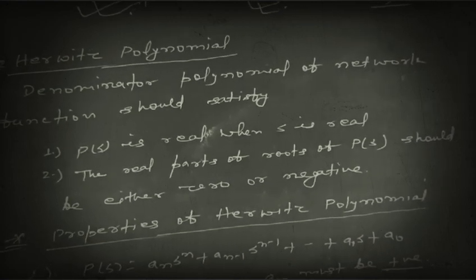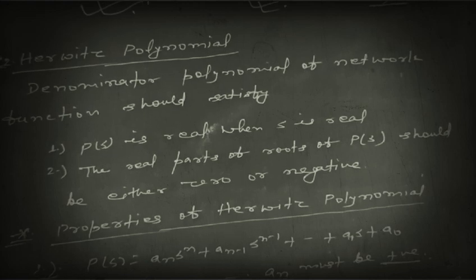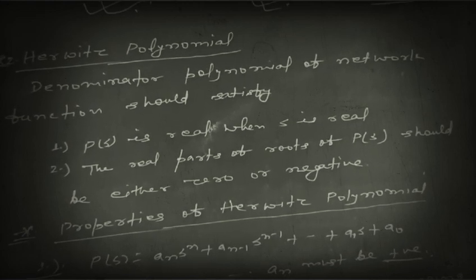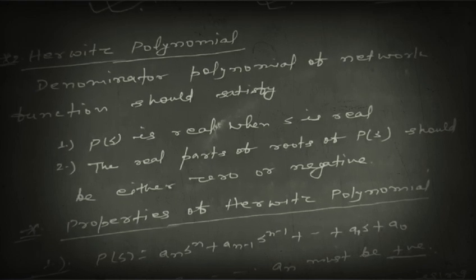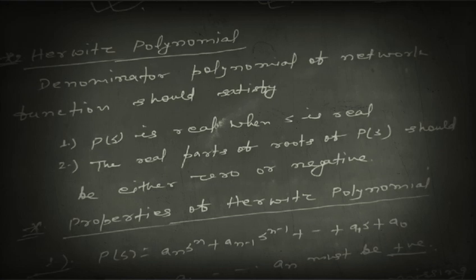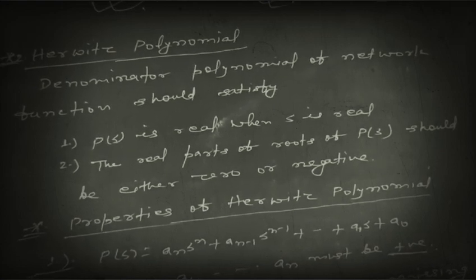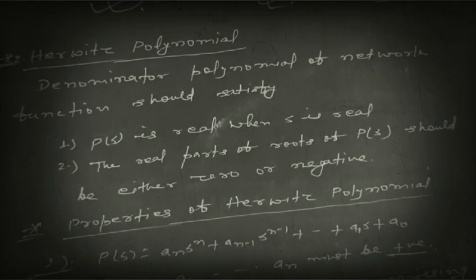Second, the real parts of the roots of polynomial P(s) should be either 0 or negative. That means when we find the solution of the polynomial P(s), that means when we make P(s) equal to 0, the roots may have a complex part. If the root has complex numbers, then the real parts of the roots must be either 0 or negative.